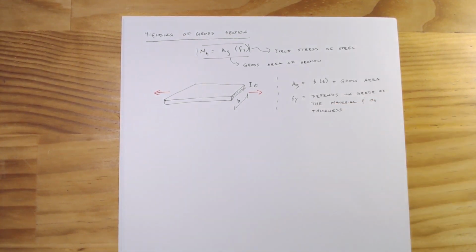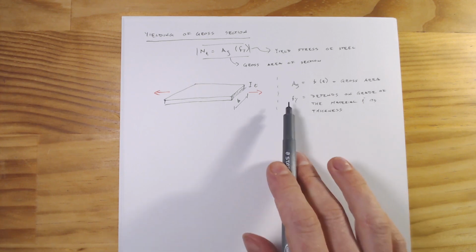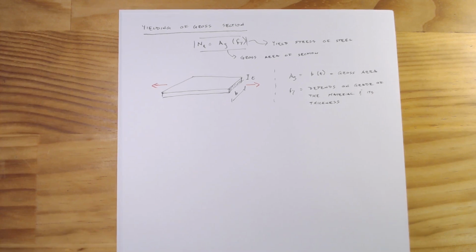Recall that with steels in New Zealand, thinner steels have a higher yield stress for a given grade. Grade 300 steel has a nominal yield stress of 300 megapascals, but any plate which is less than 11 millimeters will have a yield stress of 320 MPa due to the finer grain structure. It's just a small thing to keep in mind. So that's yielding of the gross section.